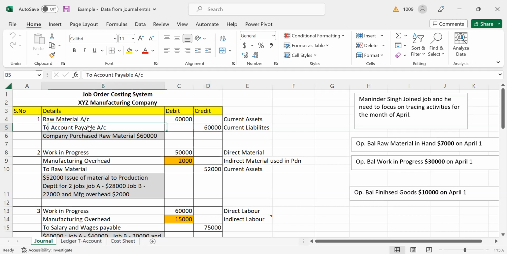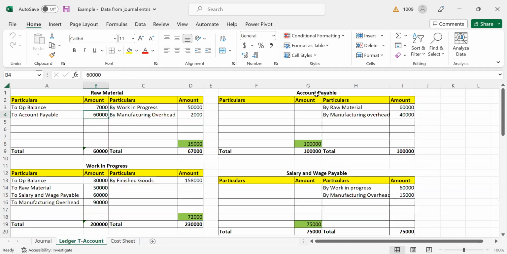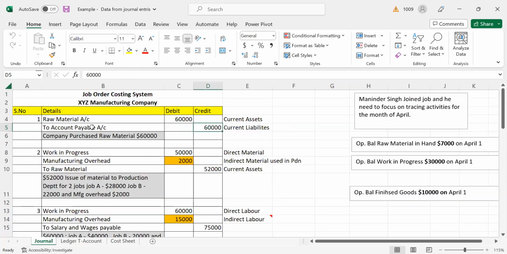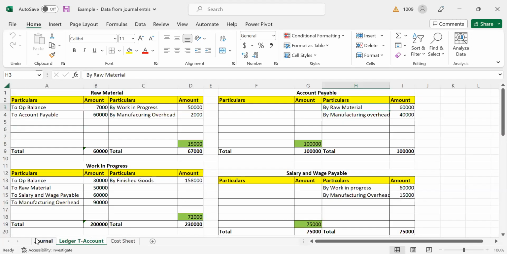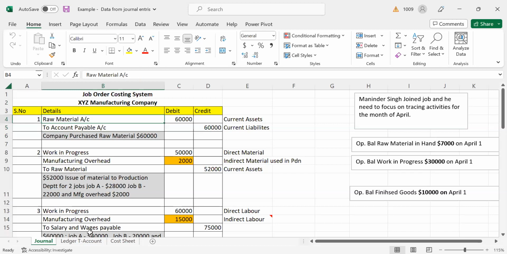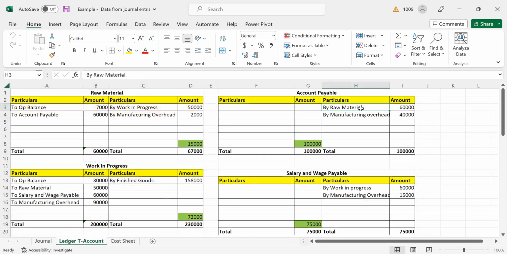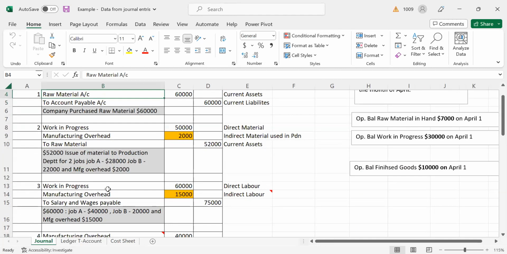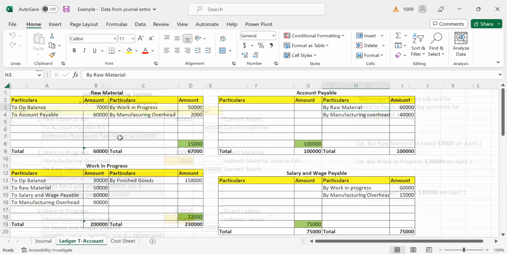Go to accounts payable and put 60,000 on the credit side. After that, we need to write this for raw material. We need to write raw material here, just for explanation. Exactly, all the journal entries I have completed and put here.